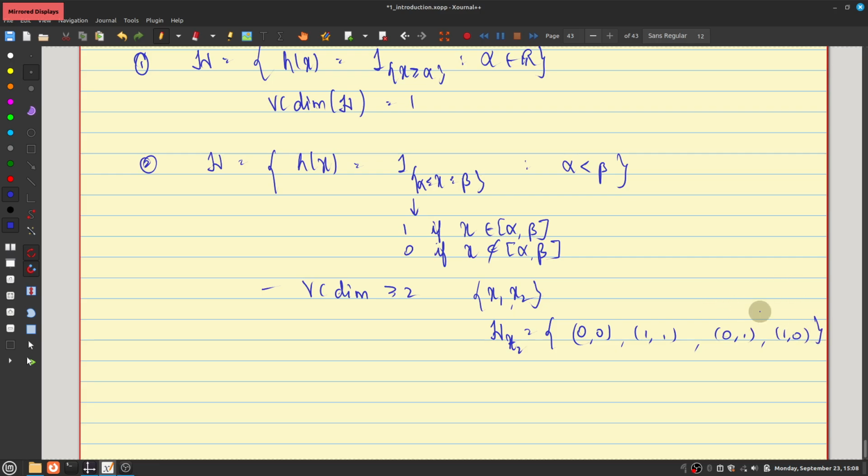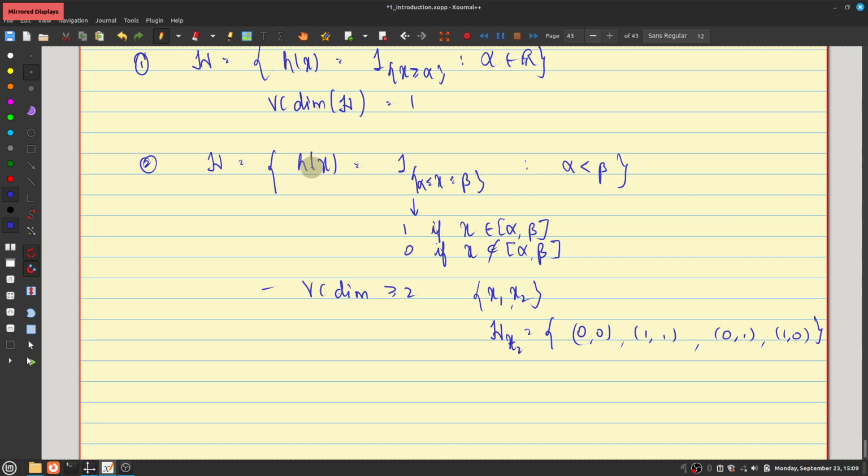If I take x1 and x2, and x1 does not belong to that interval, then x1's output is always going to be fixed to 0. But here again we're fixing x1, x2, and we're varying alpha and beta.